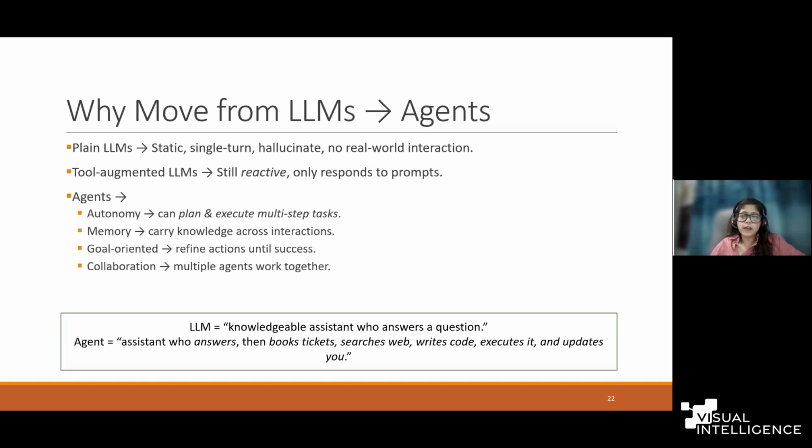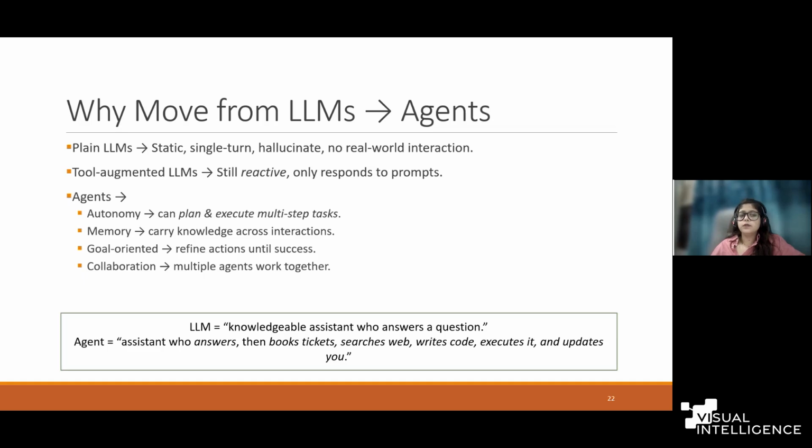They can break down tasks into subtasks. They can execute each subtask, verify, refine. They can collaborate with different agents, as the name suggests. And they are very goal oriented. So if we provide them with a goal, they can interact with each other and they can keep on doing that until the goal is completed, unlike single plain LLMs.